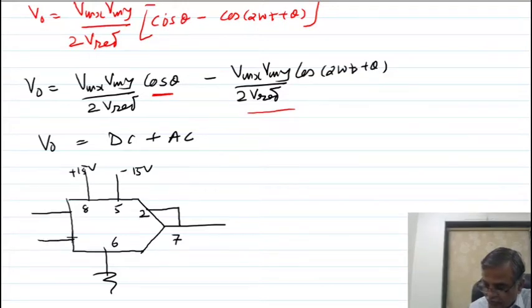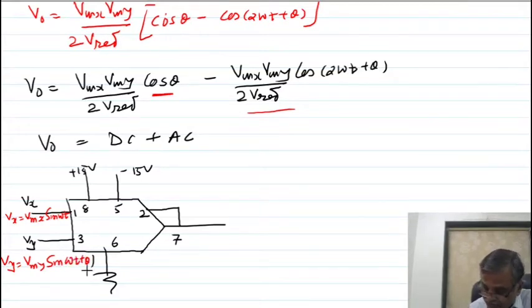This is your given Vx, here you give Vy, pins number 1 and 3, and you know Vx is Vmx sine omega t, and Vy is Vmy sine omega t plus theta. Now what I'll do is connect one capacitor parallel to my output voltage.